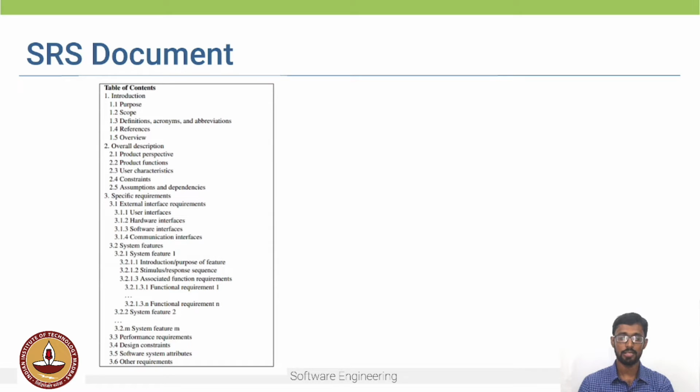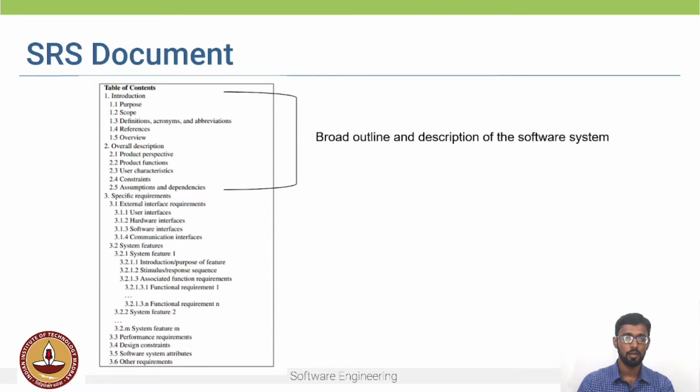So this is the standard structure of an SRS document. It has a table of contents which has several sections and subsections. Now let us look at some of the important sections in the SRS document. Section 1 and 2 describe the broad outline and description of the software system which we want to build.